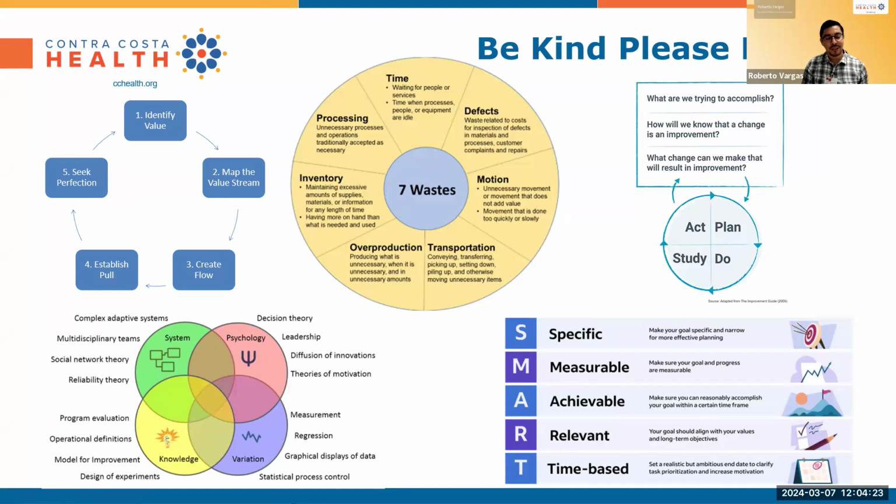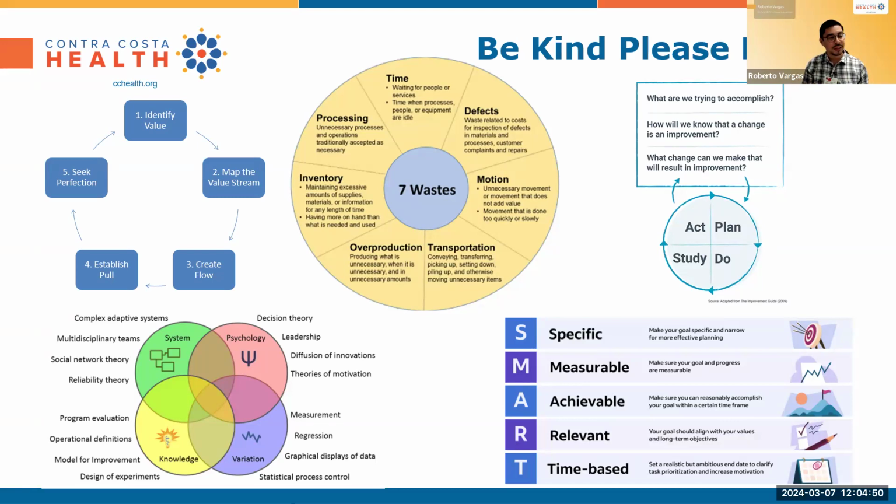We have now gone through the gauntlet of two big representatives of PI in the PI space. You have IHI, Institute for Healthcare Improvement. You have Toyota Production System that then translated into the Lean Management System. And here are some of the large tools or methods that we had learned.